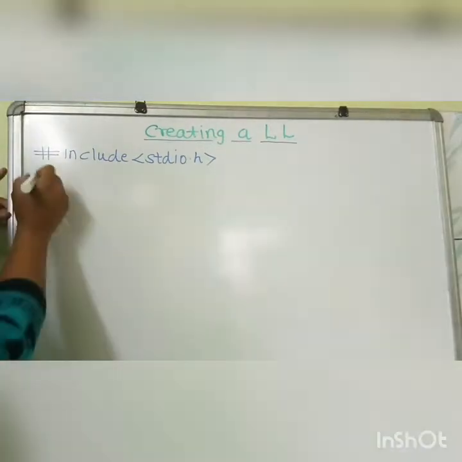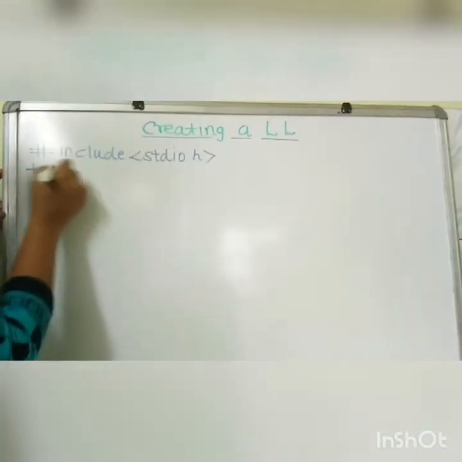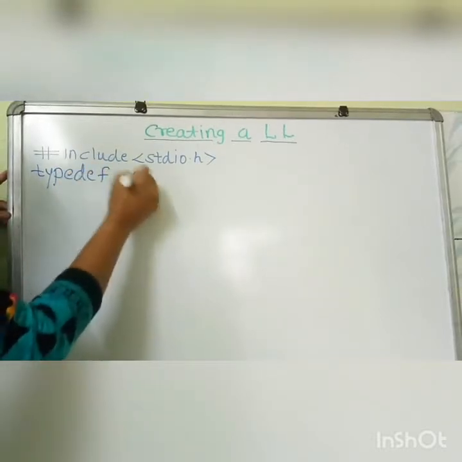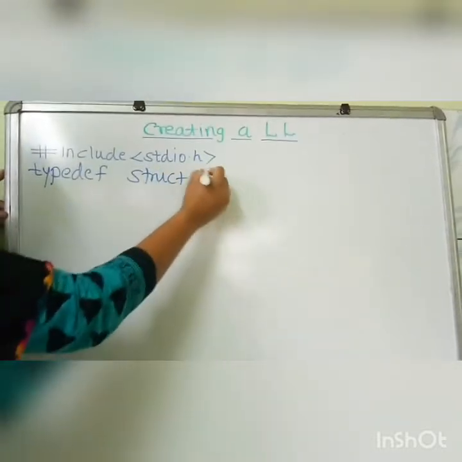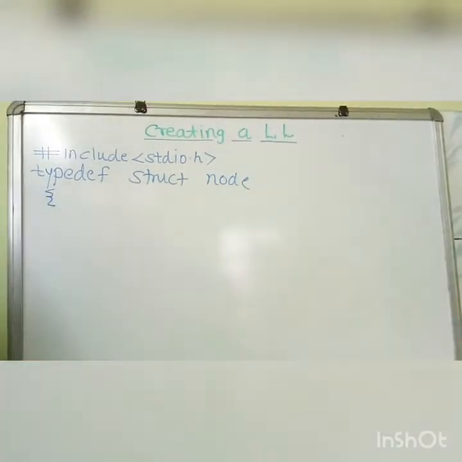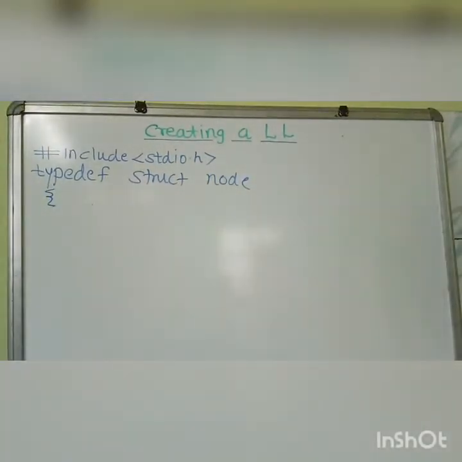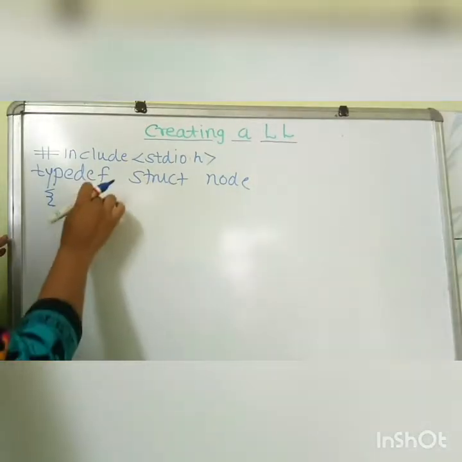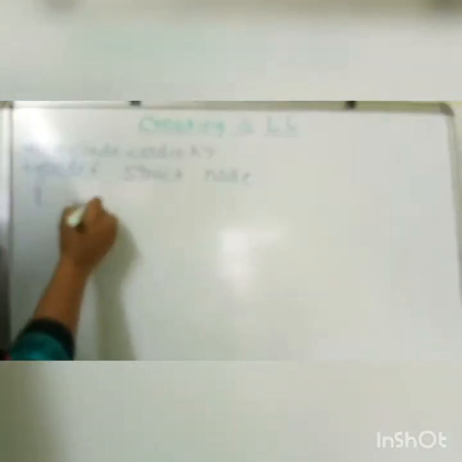So we will start like typedef struct node, and we all know that the node has only two members, its data and the next node.